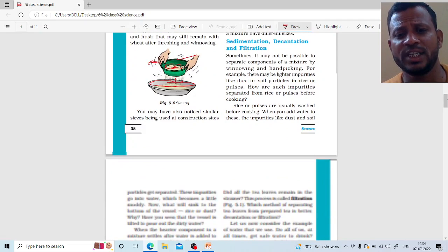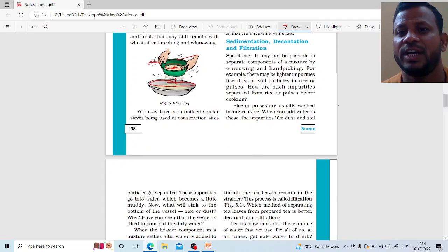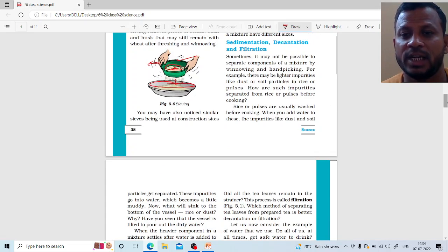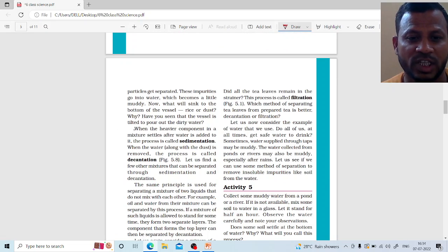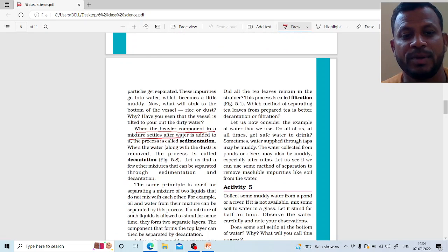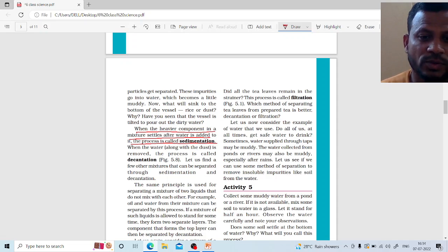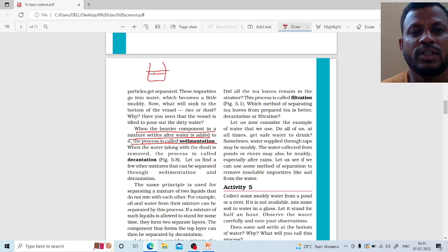Next is sedimentation, decantation and filtration. These are the three methods we use to separate substances from each other. First of all, we are going to discuss sedimentation. When the heavier components in the mixture settle after water is added to it, the process is called sedimentation. Look, I will tell you this activity. Take a glass, fill it with water.